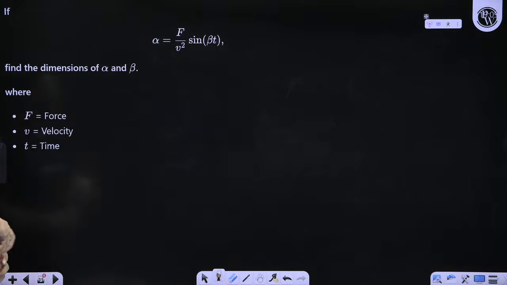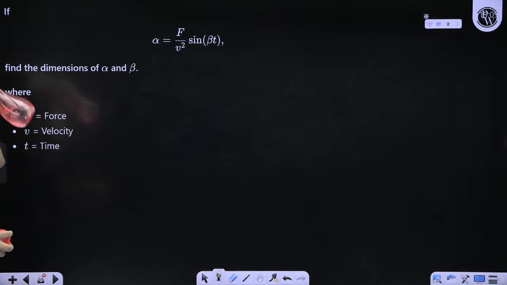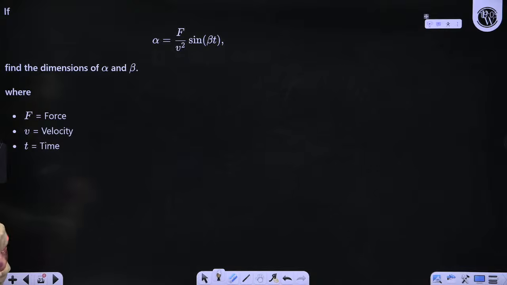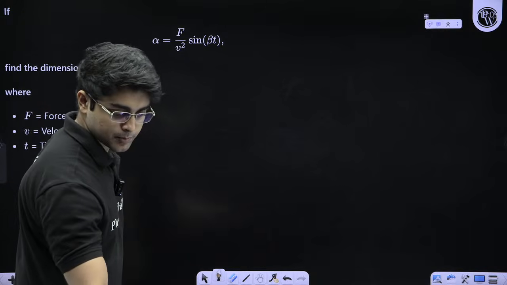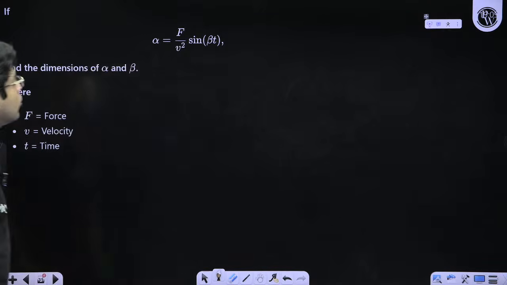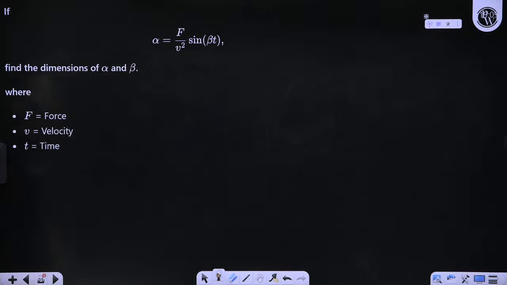Here alpha is given as F divided by v square into sine beta t. We have to find the dimension of alpha and beta.